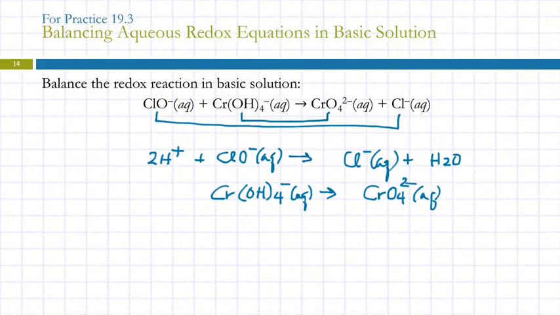I'm going to add 2 hydroxide ions to each side, so it's still going to be balanced. So I'm going to add 2 OH- and 2 OH-. That's because this isn't an acidic solution, it's a basic solution. Hydroxide is the base. So when I have 2 hydroxide ions and 2 hydrogen ions, what does that make? Water. Makes 2 water molecules. So I can simplify that and write 2 water molecules there instead.